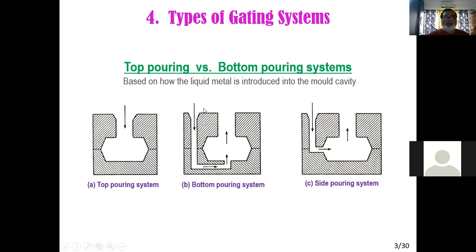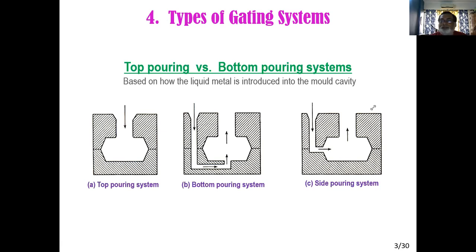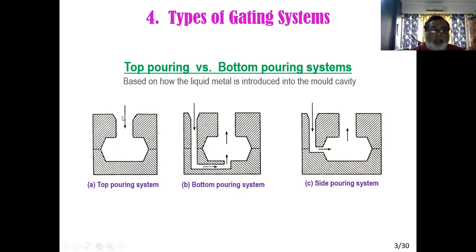So let's talk about these two in a little bit of detail. So it is a top pouring system. Liquid metal is poured under the action of gravity. As liquid metal is poured by gravity, velocity always increases, and at the same time it is poured directly onto the bottom surface.